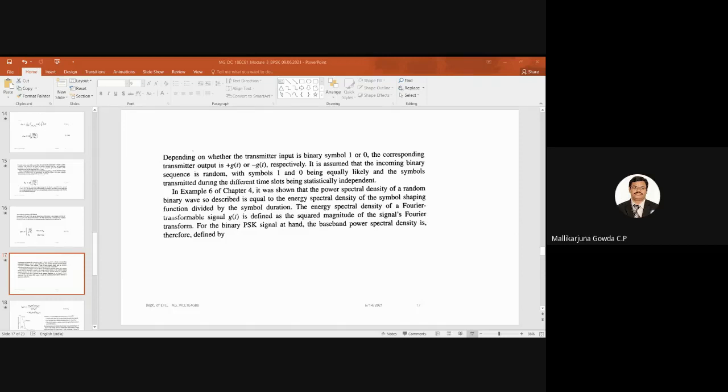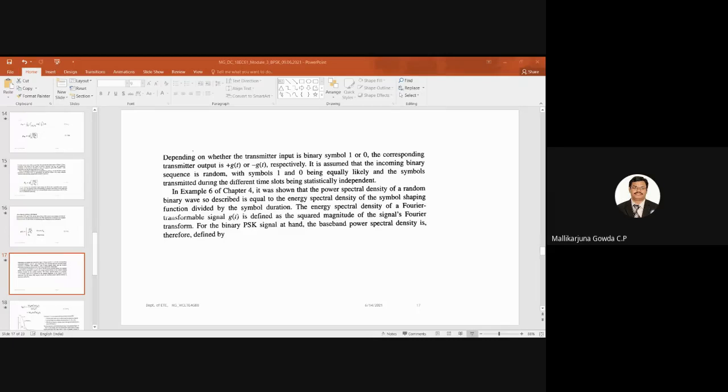So what is the assumption made? The incoming binary sequence is random with symbols 1 and 0 being equally likely, and the symbols transmitted during different time slots are statistically independent. With that, I think you may have some idea about how to draw the energy spectral density as well as the power spectral density of the given binary random wave.